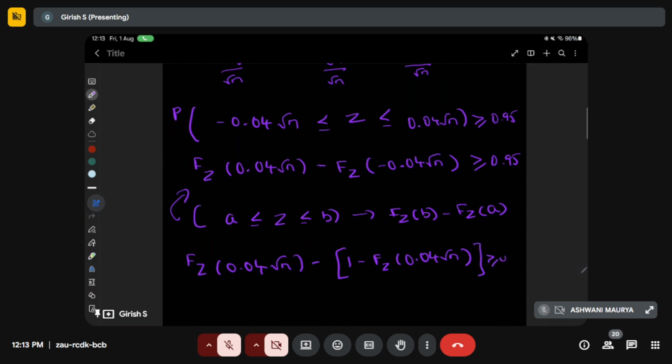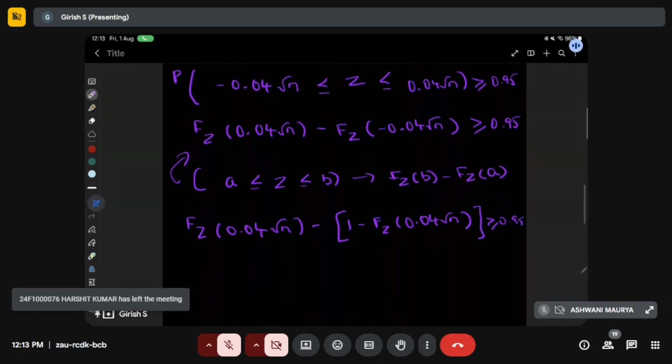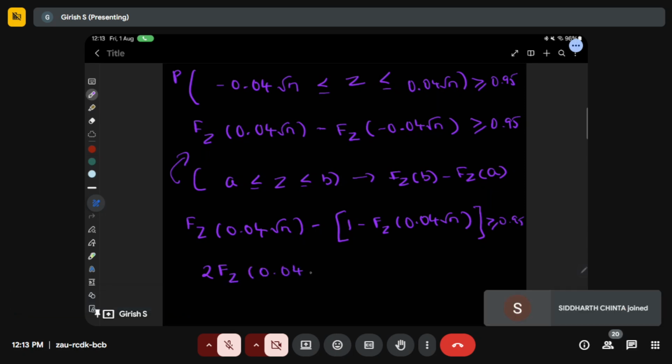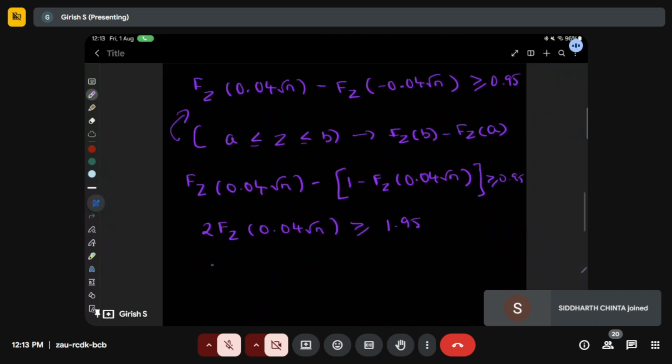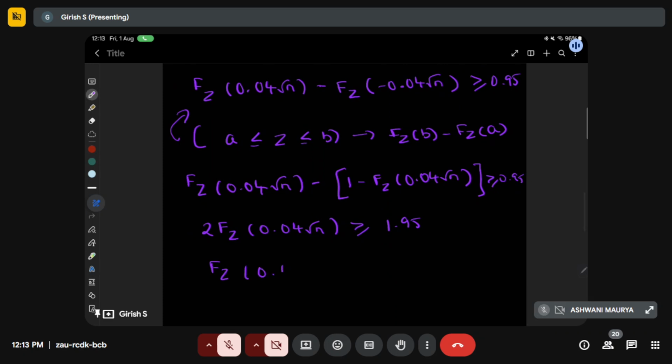So this basically will give you 2 Fz of 0.04 root n, and adding 1 on both sides, you can simplify this like this. So Fz of 0.04 root n will give you 1.95 divided by 2. Can I write it as 0.975?